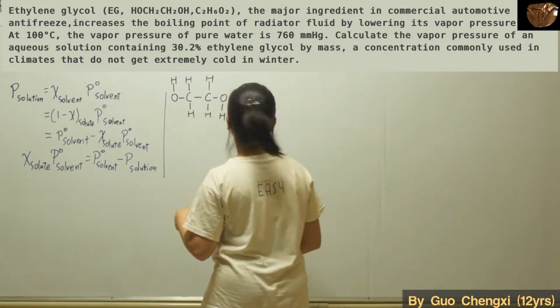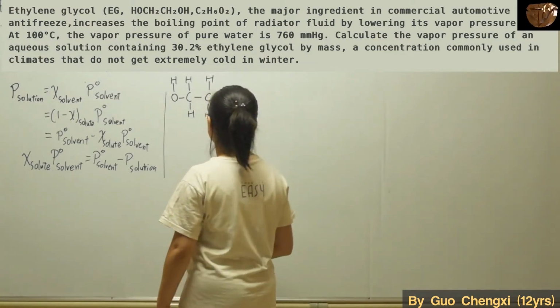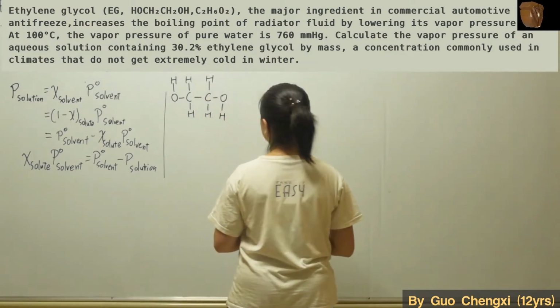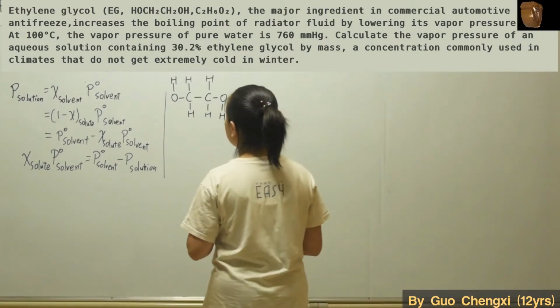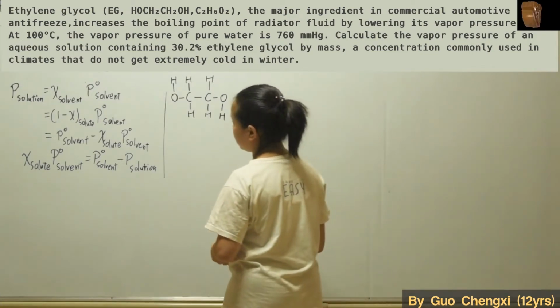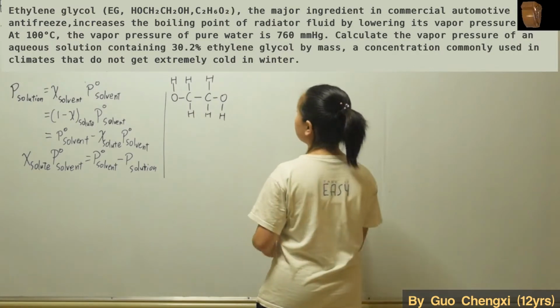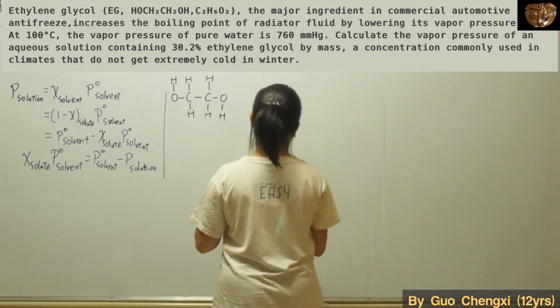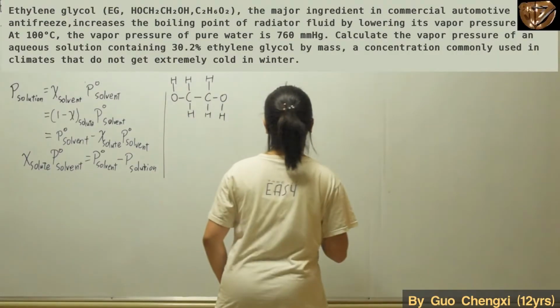This is a concentration commonly used in climates that do not get extremely cold in winter. Another use of ethylene glycol is so that the liquid doesn't freeze during cold winters. Okay, so we'll be moving on with this question.